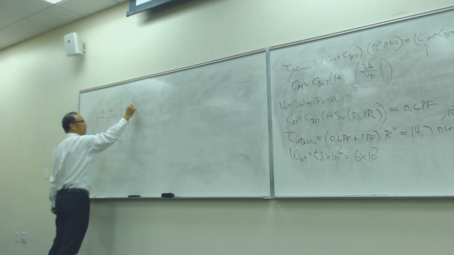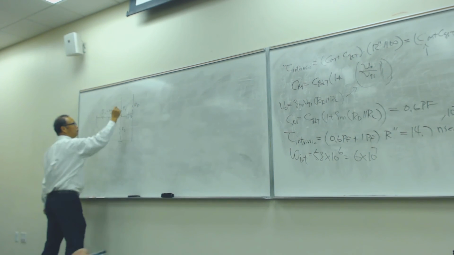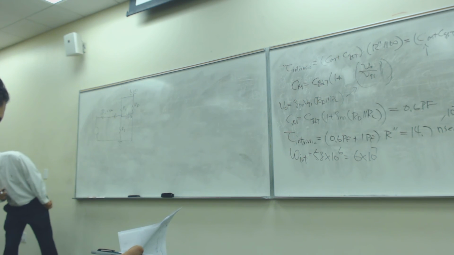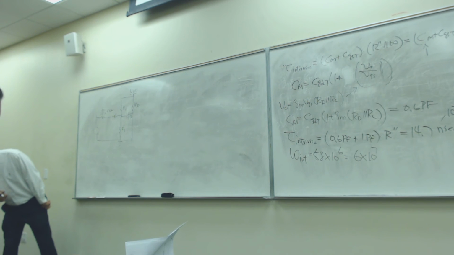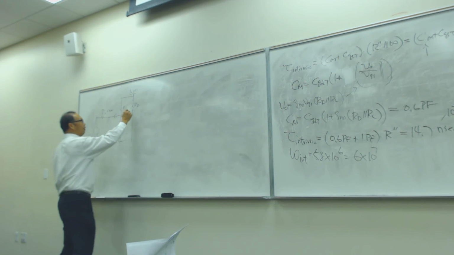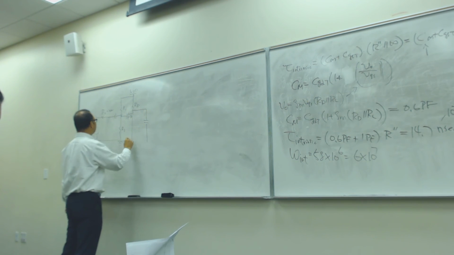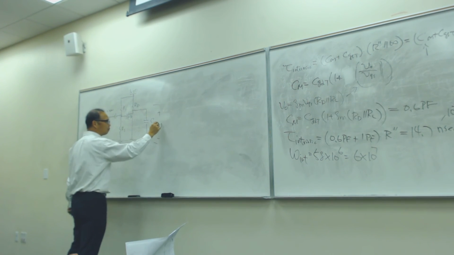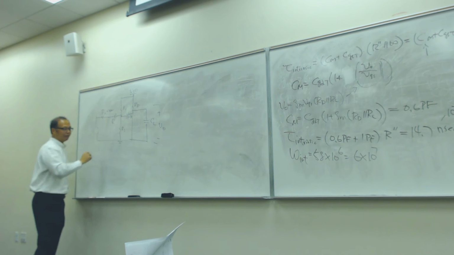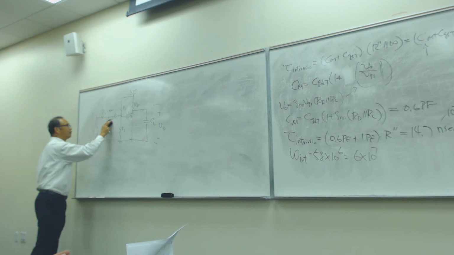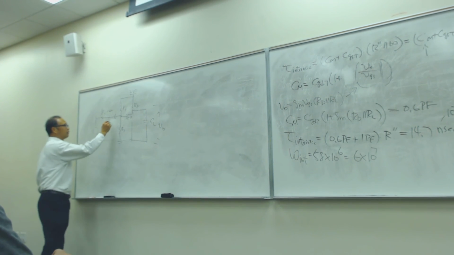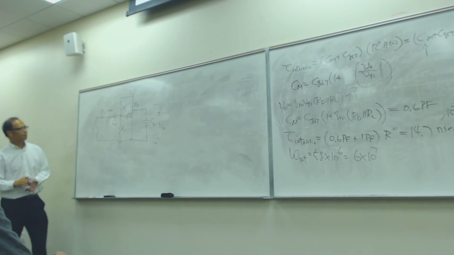We have R sub B, R1, R2, VDD. Anything else? And then we have a C sub L, so that's R sub L, right? So this is R sub whatever, C sub C. Yes.